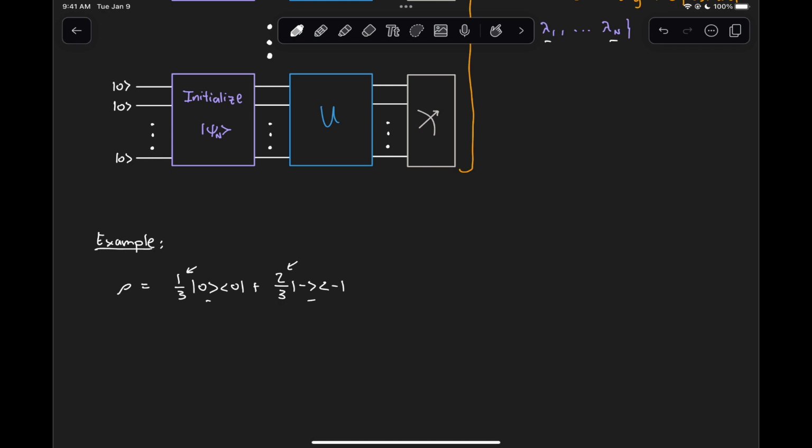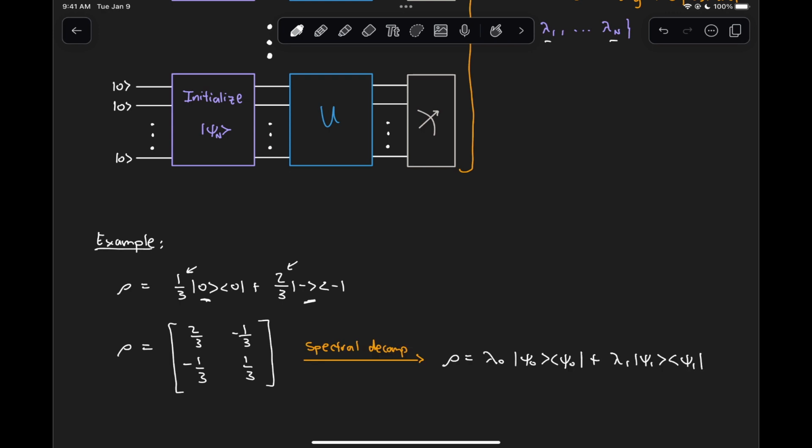And then this is obviously not in a spectral decomposition form because the state 0 and the state minus are not orthonormal, right? So what we can do is construct the matrix for this and perform the spectral decomposition, which is going to give us a different state psi 0 and psi 1, with some different probabilities of occurrence, lambda sub 0, lambda sub 1.